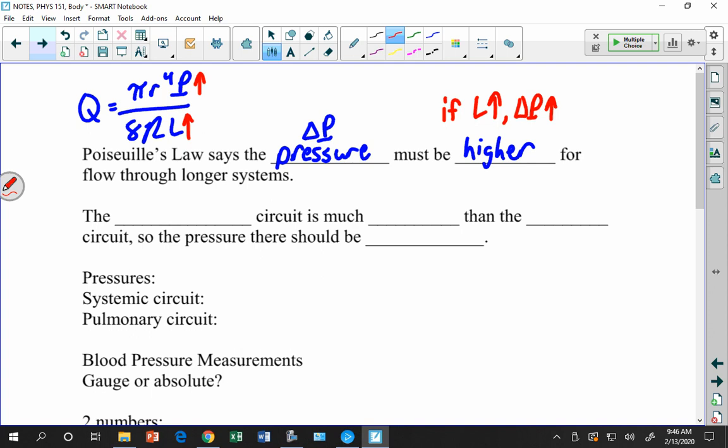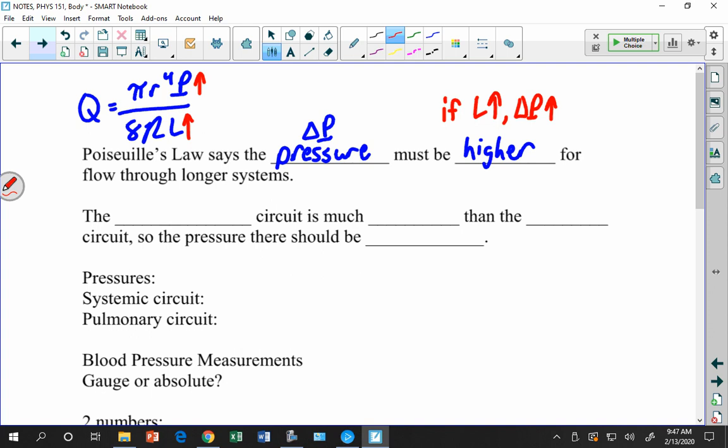Which circuit will have the higher pressure? There are 2 circuits. What are they? All right, which one will have a higher pressure? The systemic, right? Because the systemic is the much longer circuit, because it's got to go all over your body. But the pulmonary circuit just has to go a couple inches over to your lungs, because everything's right here.